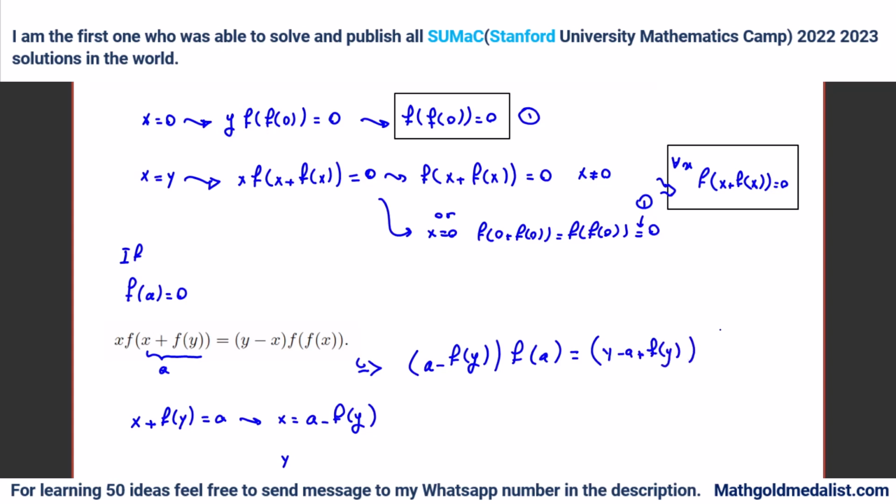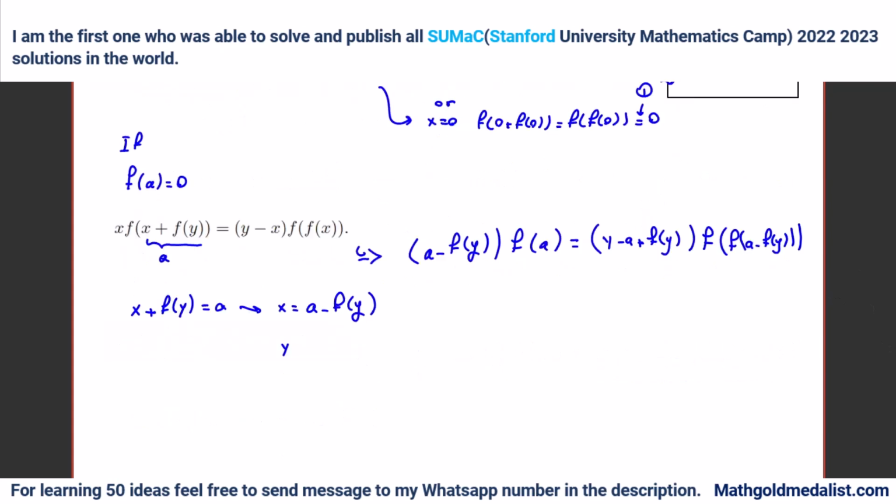Yes, times what? F of a minus f of y. Yes, minus y. F of a minus f of y is 0, right? Yeah. This part is 0, so this part also has to be 0, right? Yes. So we can conclude this part is 0. Agreed? Yeah. So then what can we say?